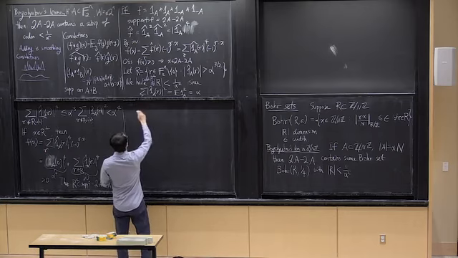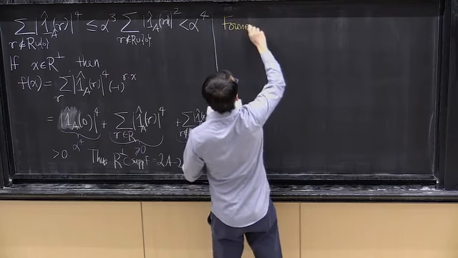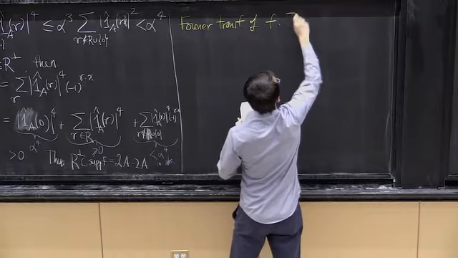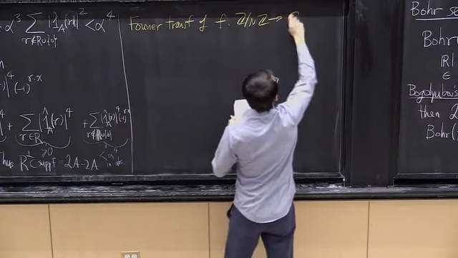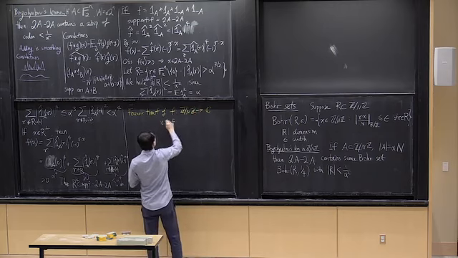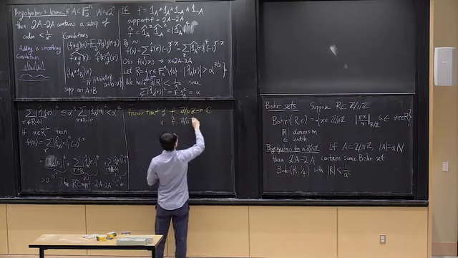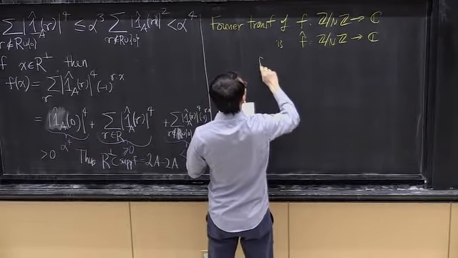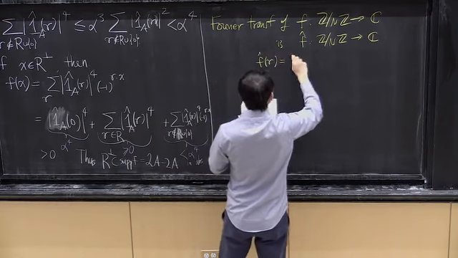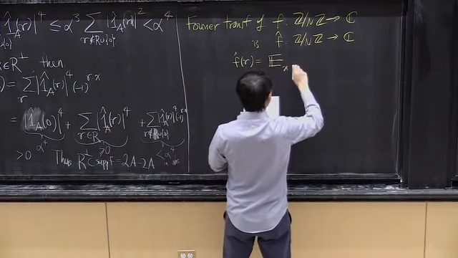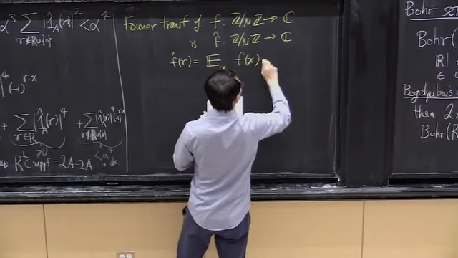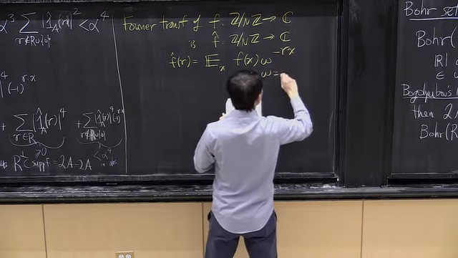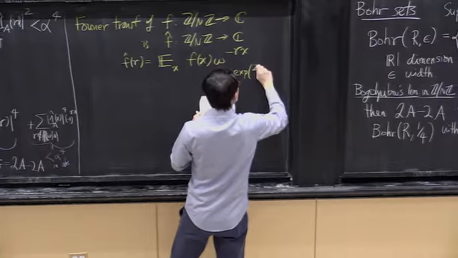The Fourier transform of a function f from Z mod n to the complex numbers is a function also on Z mod n, defined by f hat of r equals expectation over x in Z mod n of f of x times omega to the minus rx, where omega is a primitive nth root of unity.